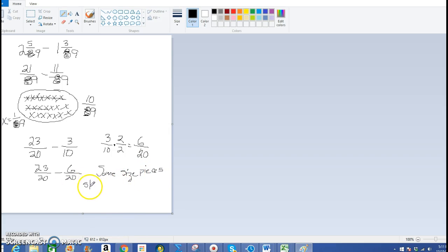And I start with 23 pieces. And I remove, I'm writing it rather than showing the picture, 6 of them. And I'm left with, see, that would be 17 pieces, right? And my pieces are called 20ths. So that would be my answer.